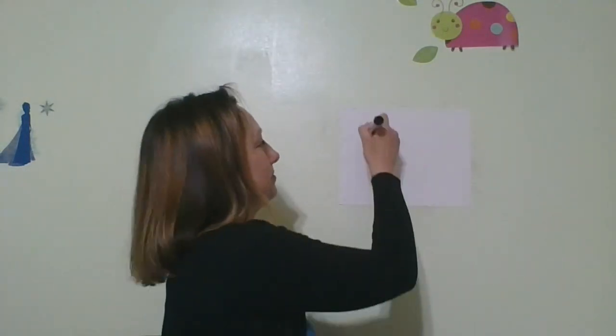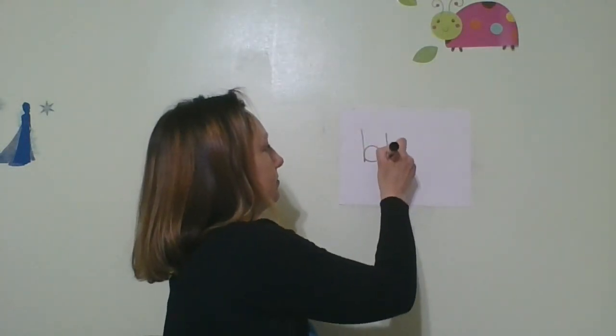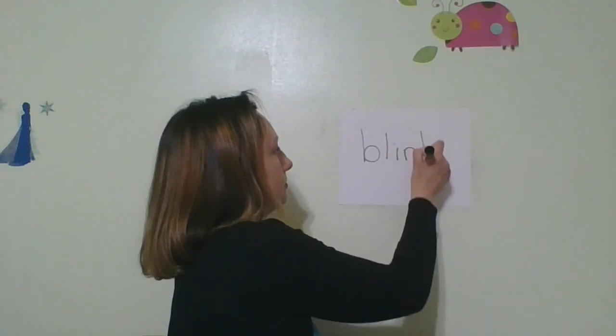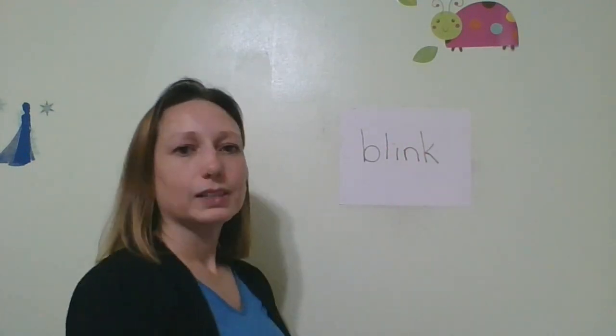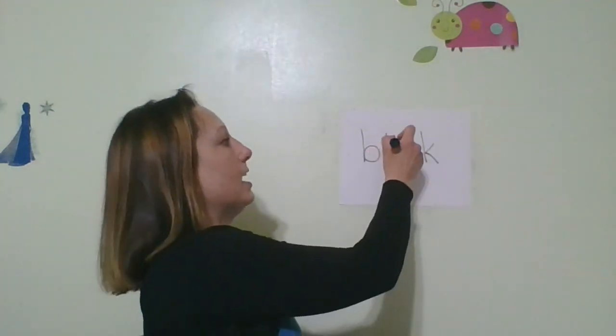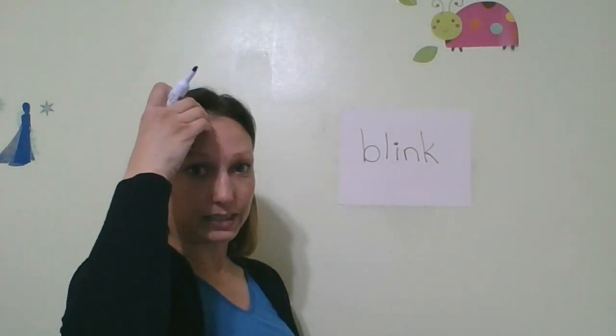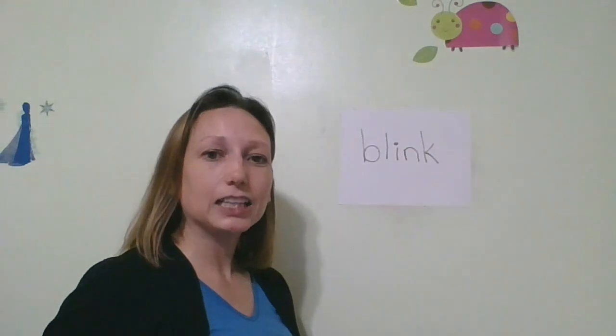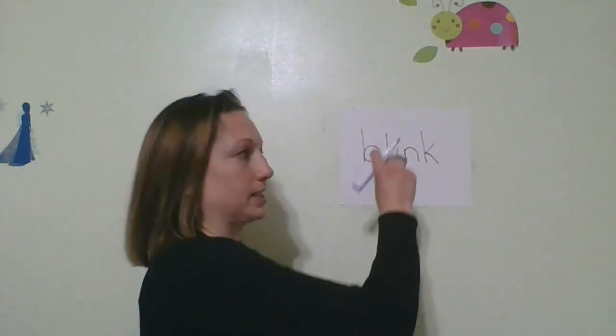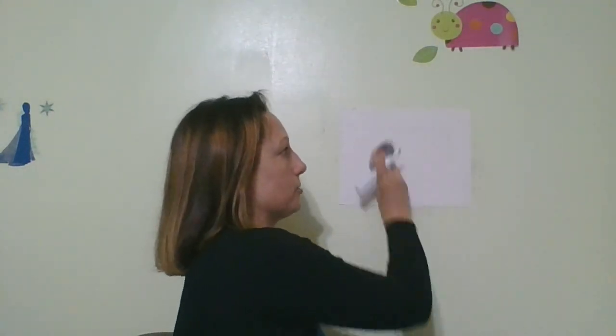Number 2, blink. Blink is with both eyes. How did you spell blink? B-L-I-N-K. You have to sound it out very slowly so you hear each of those sounds.